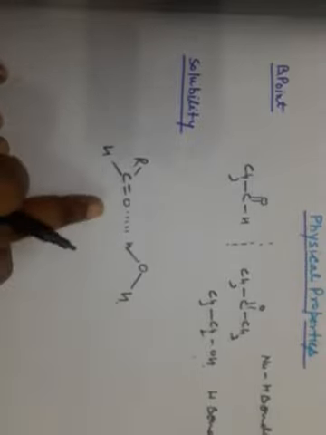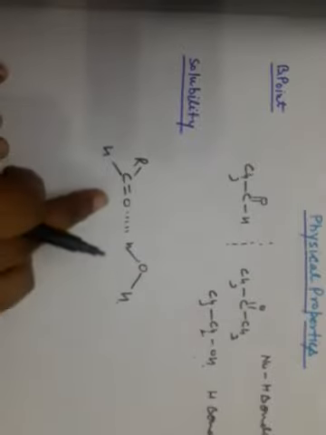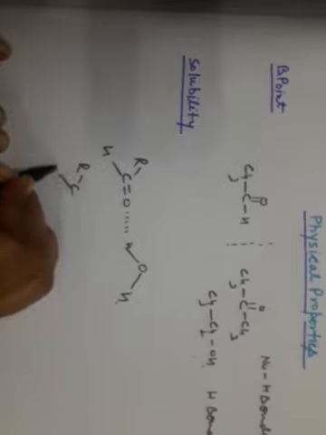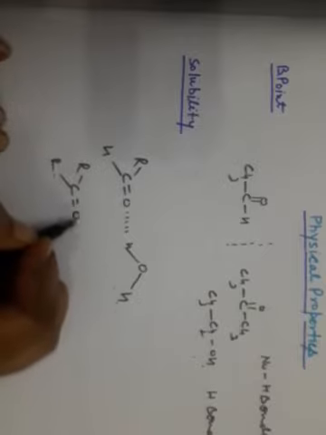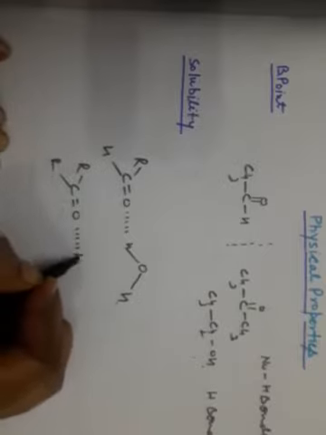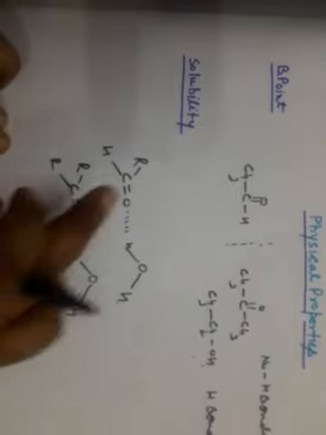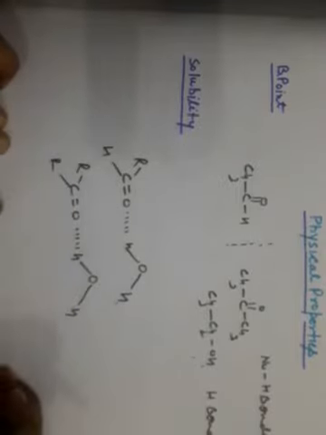So they are soluble in water. And if we take the example of any ketone, again it can form hydrogen bonding with a water molecule. So it is soluble in water, but when the alkyl group increases, the solubility decreases. I am again repeating, if the size of the alkyl group increases, solubility decreases.